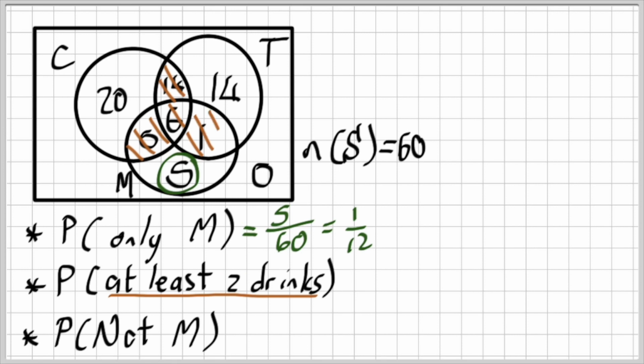So that is all of those 2 or more. So it's going to be wherever there's an overlapping in my circles there. Probability of 2 or more, so I'm going to add all of those together and divide it again by 60 because I'm asking you for the probability.